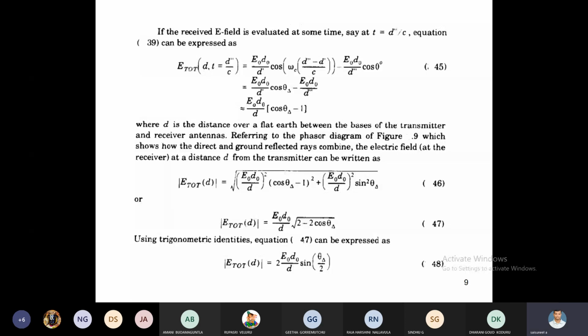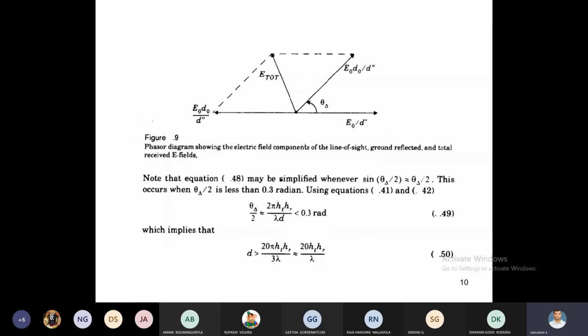Here, this figure shows the phasor diagram for d dash, d double dash, d and E total. That is, we consider both the line of sight path, the ground reflected path, and the total received field.